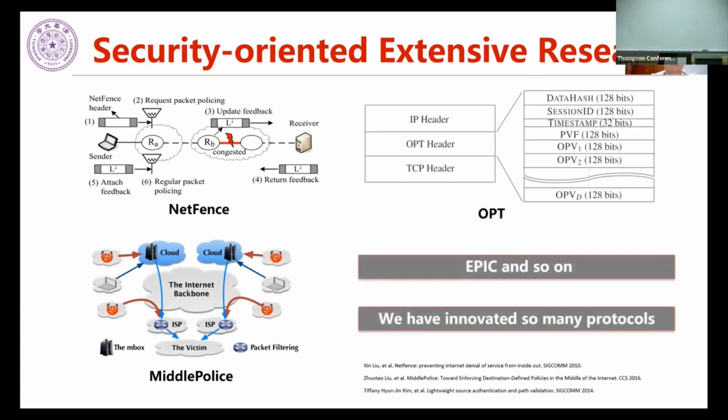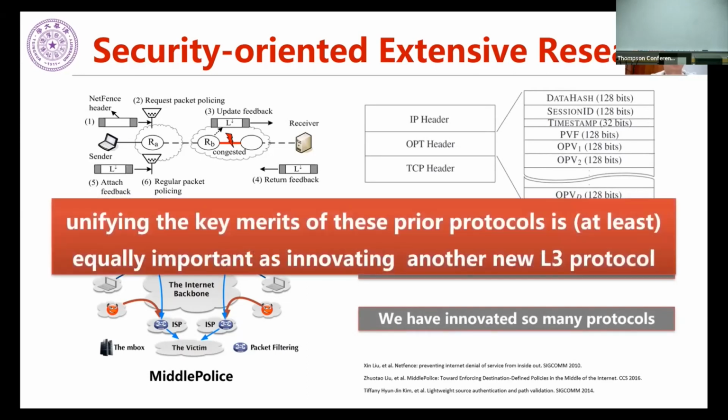We have innovated so many L3 protocols. Today, we argue that unifying the key merits of these prior protocols is at least equally important as innovating another new L3 protocol.